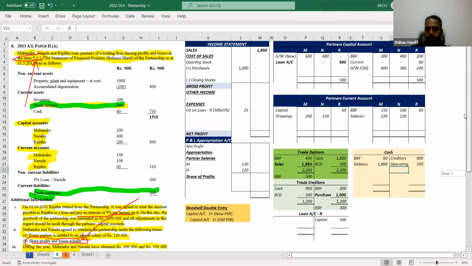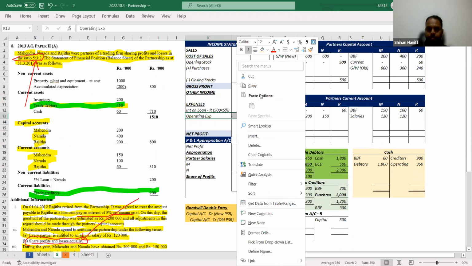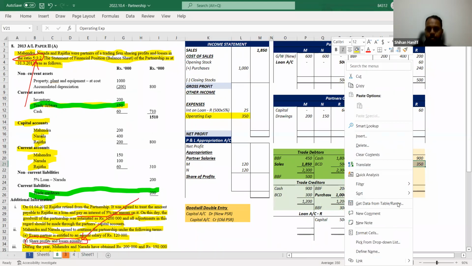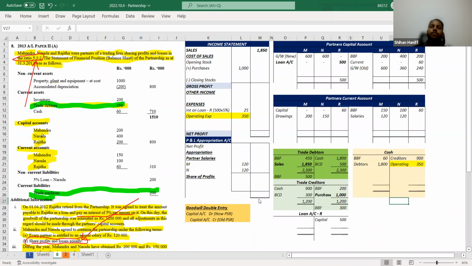That is an expense. That comes here. Operating expense 350.